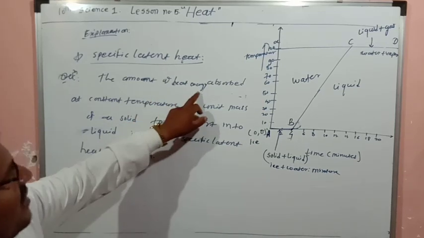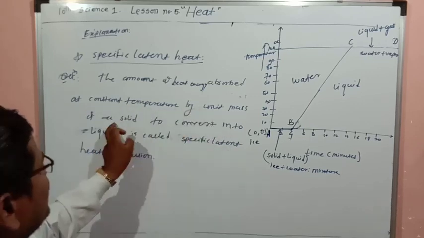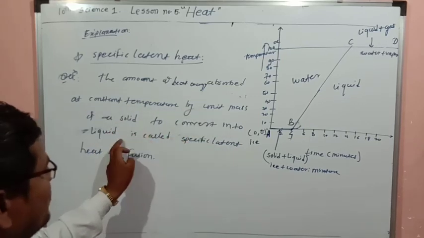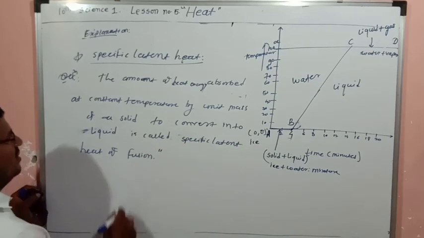The amount of heat energy absorbed at constant temperature by unit mass of solid to convert into liquid is called specific latent heat of fusion.